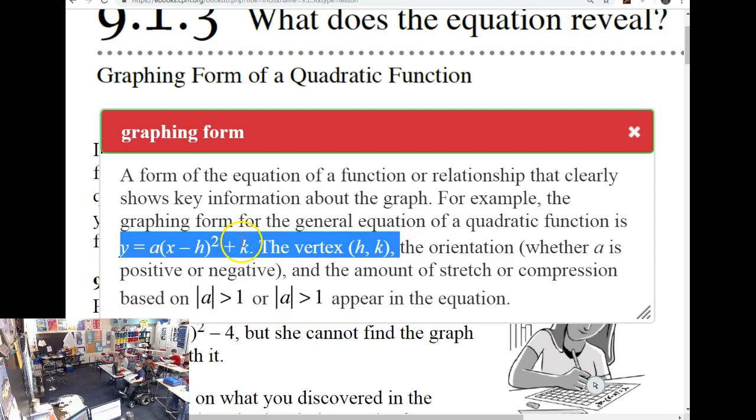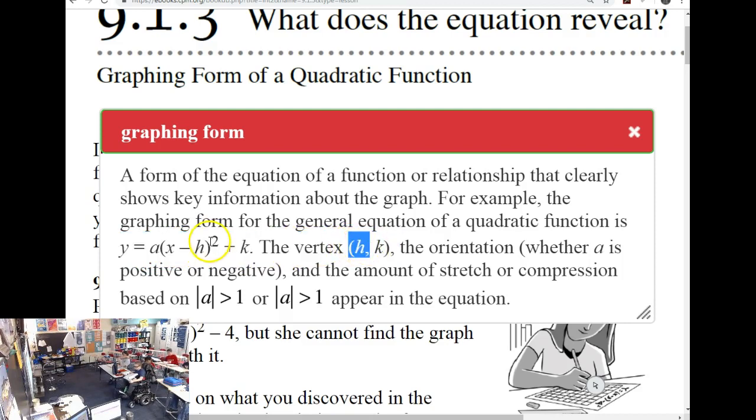The trap door, or the thing to be careful of here, is that it's x minus h, so we actually end up using the opposite value of what it looks like in the parentheses. So if it's x plus 5, my h is actually negative 5. This is the exact same rule set as absolute values.